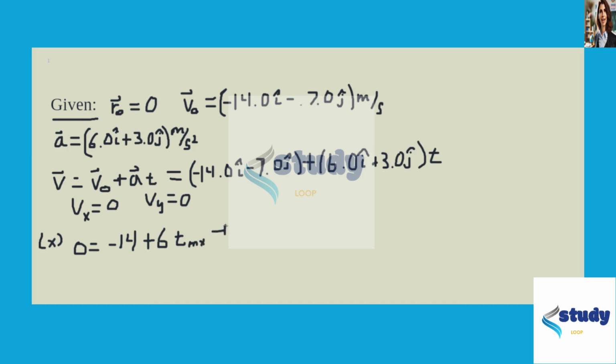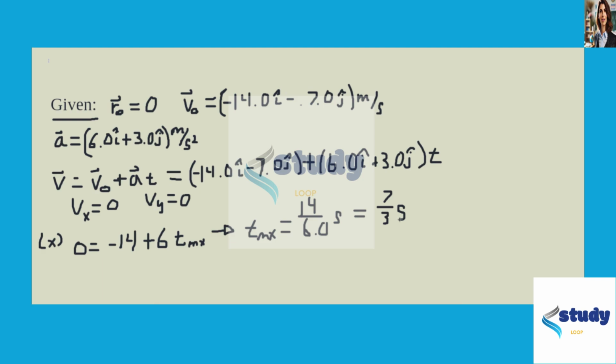If you solve for that, you get t_x is equal to 14 divided by 6.0 seconds. So this equals 7/3 seconds.